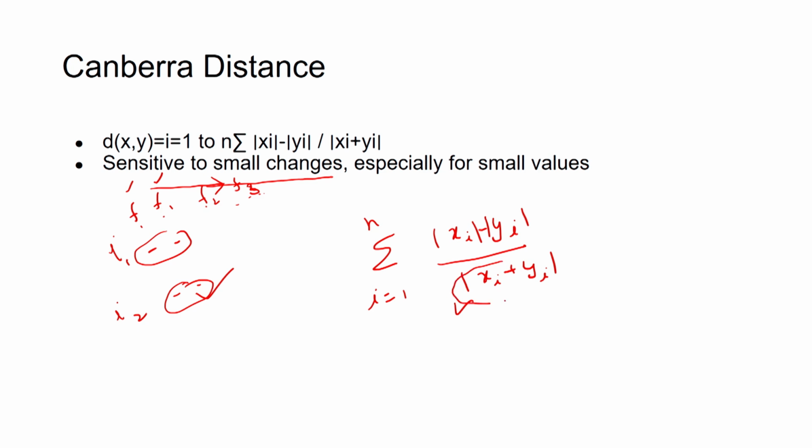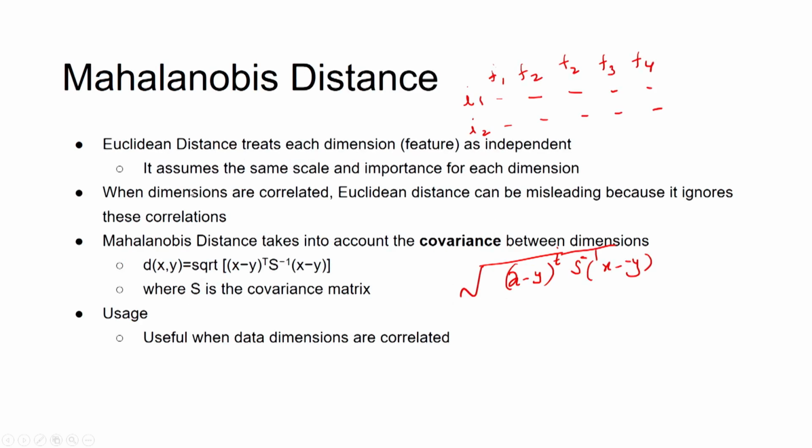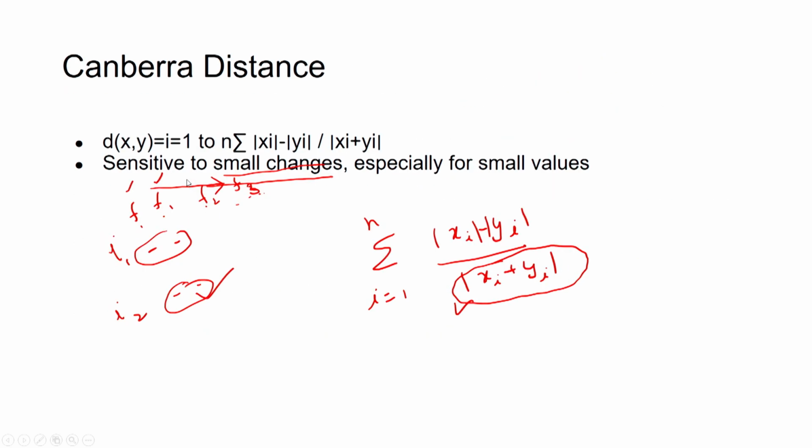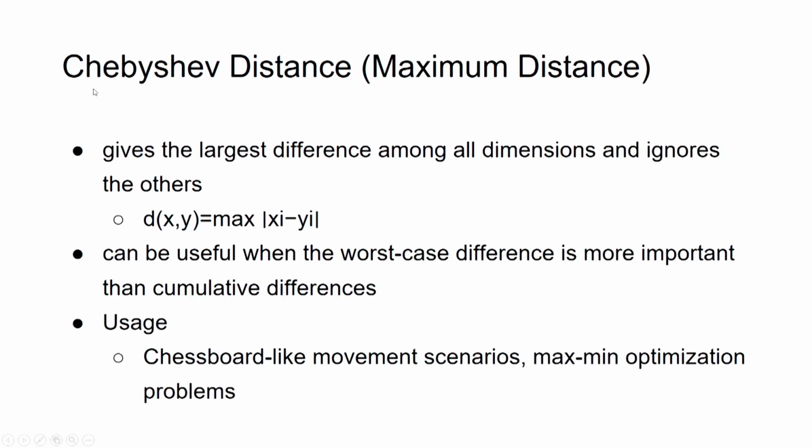So, you are normalizing it, and because of that this distance is sensitive to small changes or small values in different features. This is Canberra distance that we can use when we know that there are some features having small values, or some instances in which values are very small. In that case we must use Canberra distance. Then this Chebyshev distance, that is also called the maximum distance.